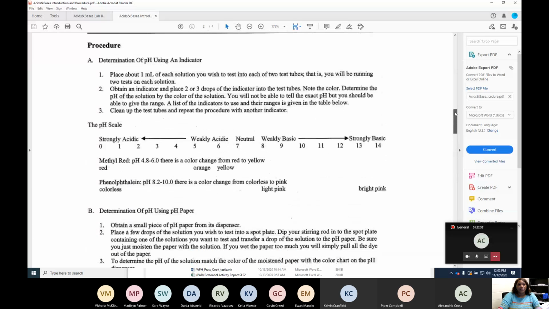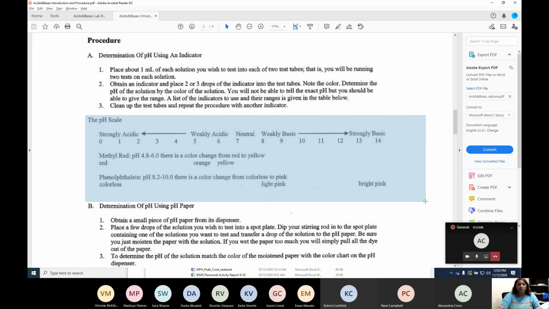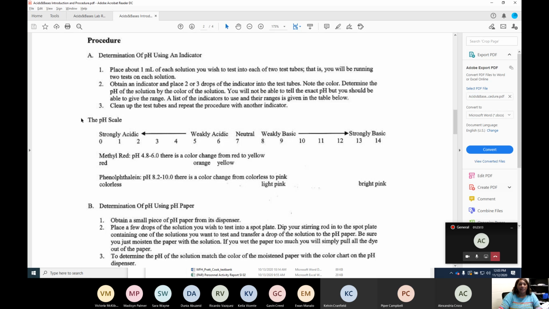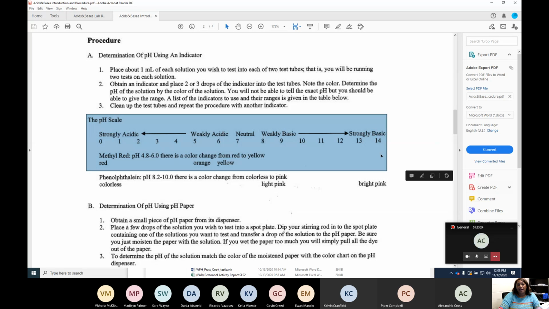Here we are. For your indicator part, it was very important that you followed this. This is what you were to use as your guide for methyl red and phenolphthalein to help you decide your pH range. For the methyl red, the pH value of your substance is between 4.8 and 6.